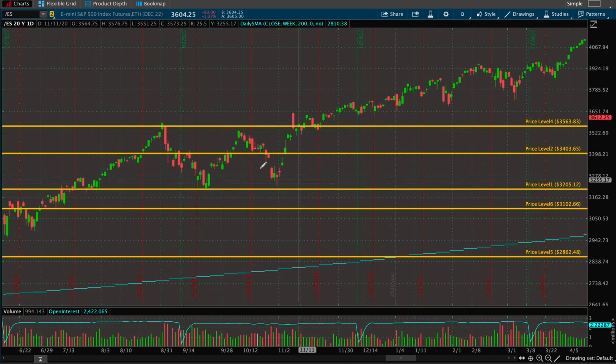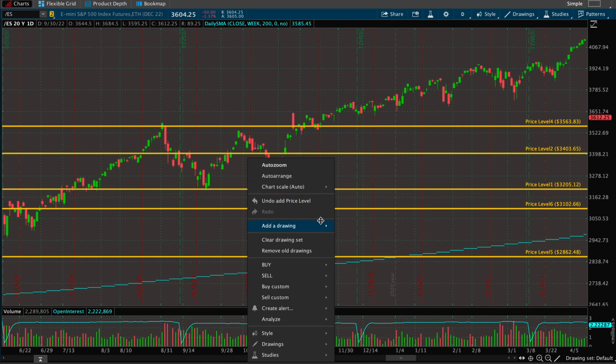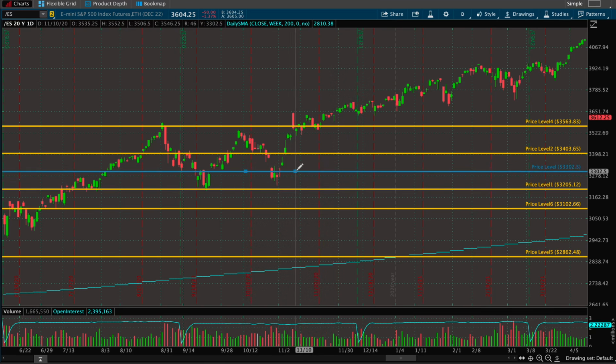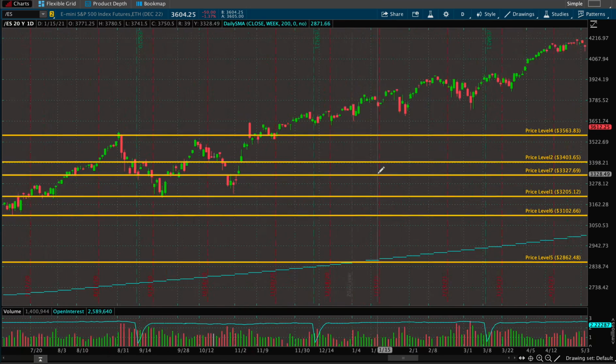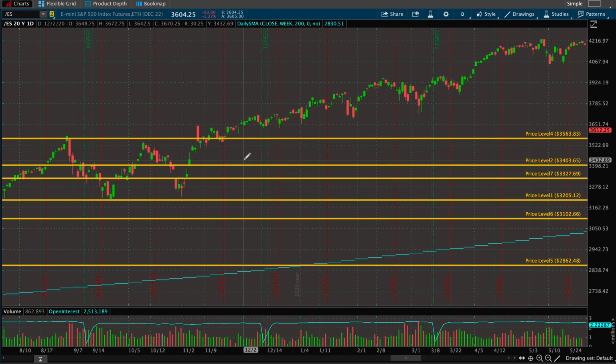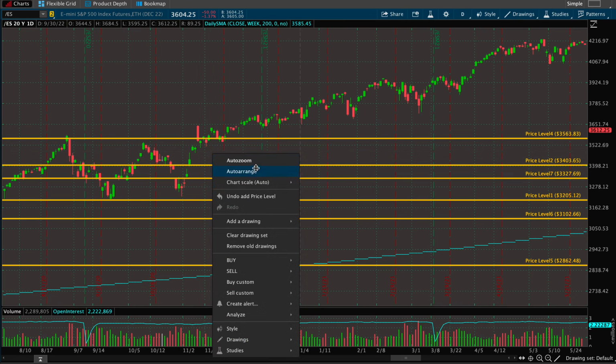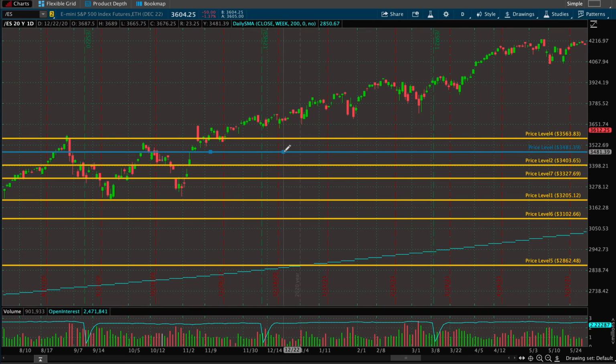We are not going to go far from that level, so we can add the closer level here, which looks like a decent support but not a strong support, but we'll add that there. So 3327. But after 3575, the area I think will be a good support is right around that area, 3481.